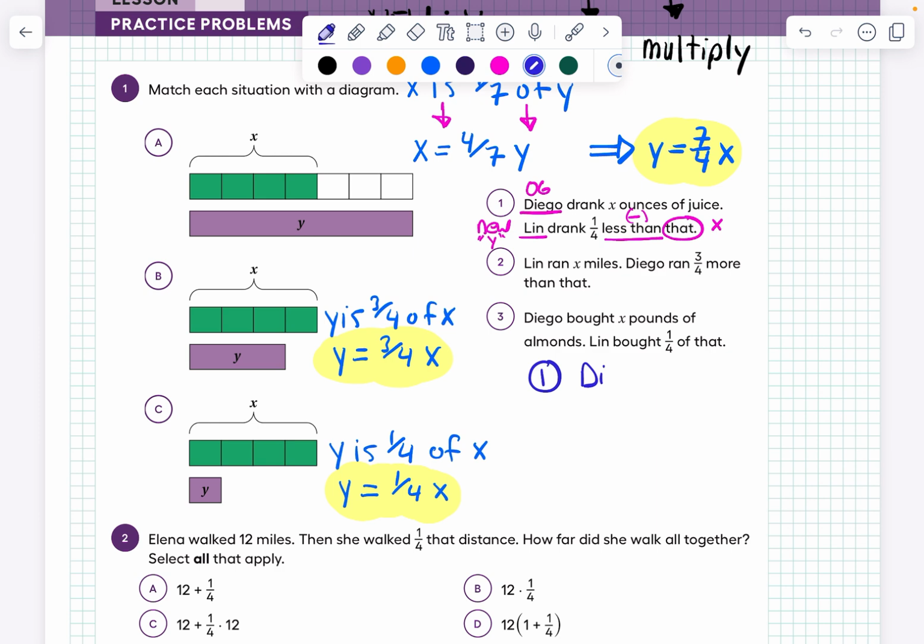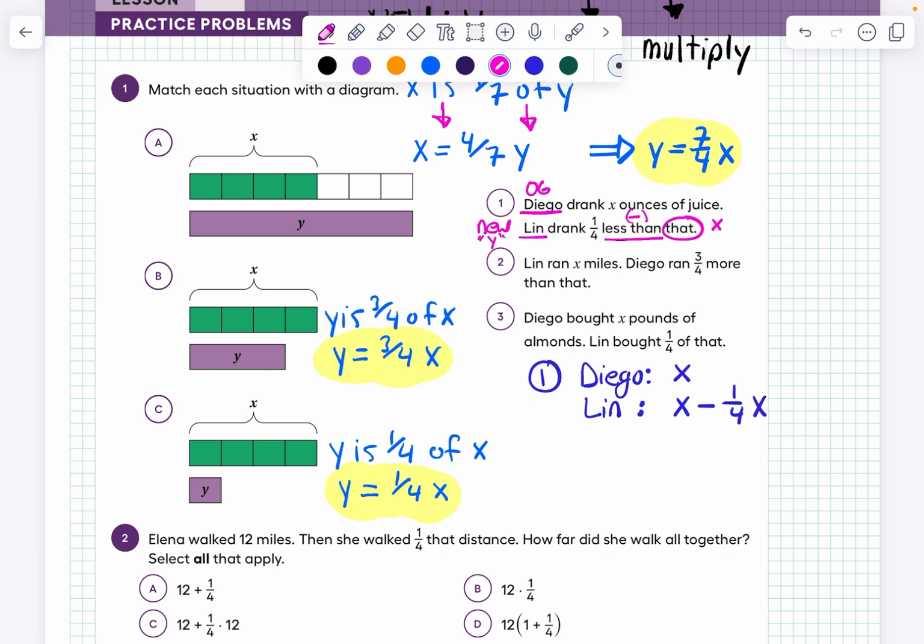If we're using X to represent Diego's amount, then Lynn's amount is based off Diego's amount, okay? And it said 1/4 less than that. So less than means minus 1/4 of X, ladies and gentlemen.